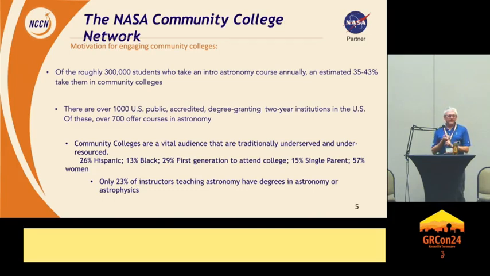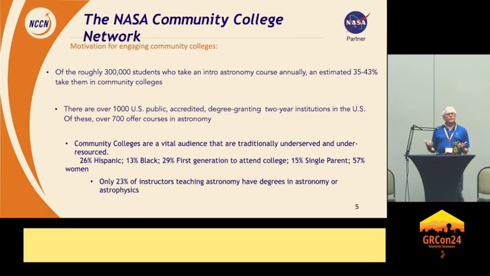If you look at some of the stats here, 26% of the students are Hispanic, 13% Black, 29% are first-generation college goers, and 15% are single parents, and a lot of them are mature students who are coming back to get some sort of formative education and will need to take a STEM course, and that's where the astronomy course comes into play.